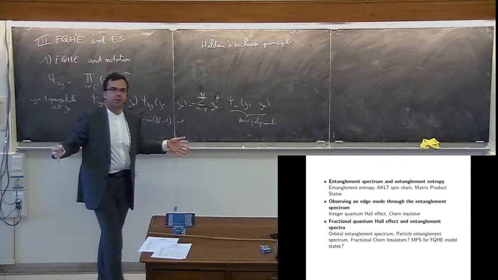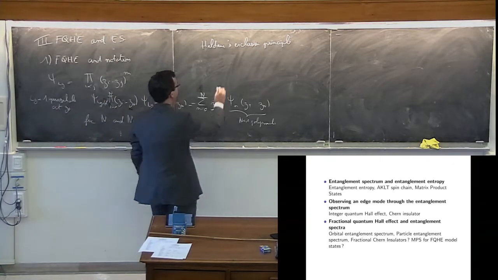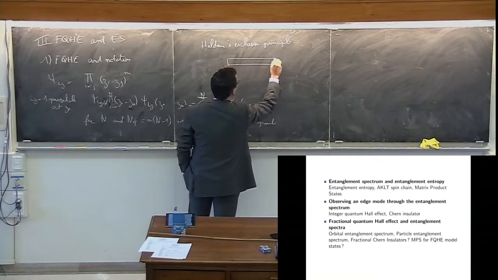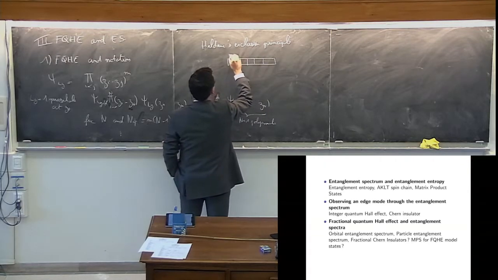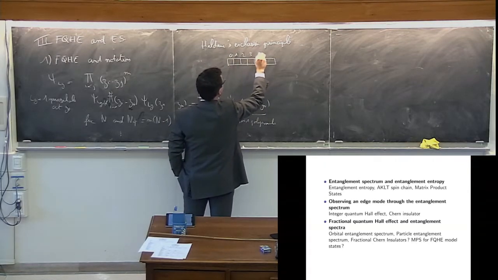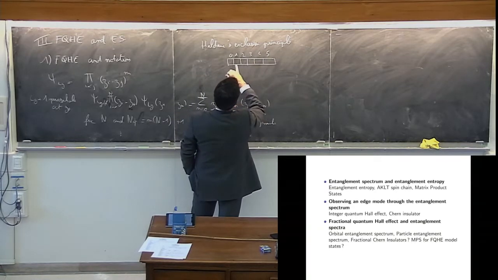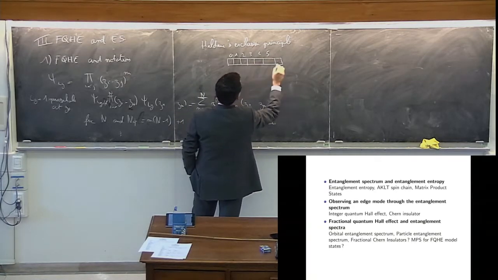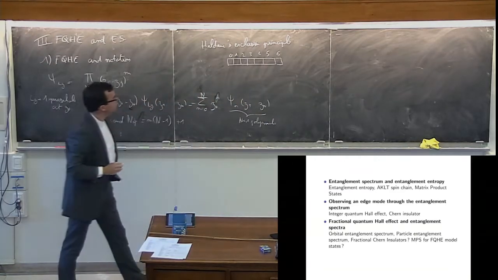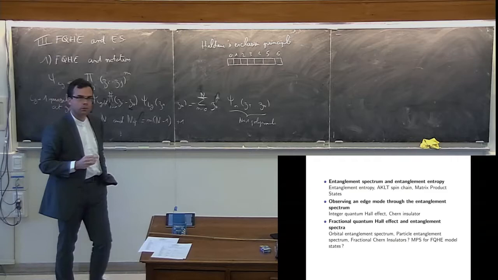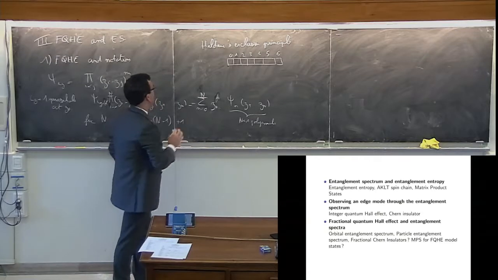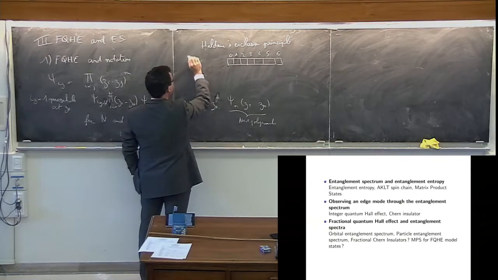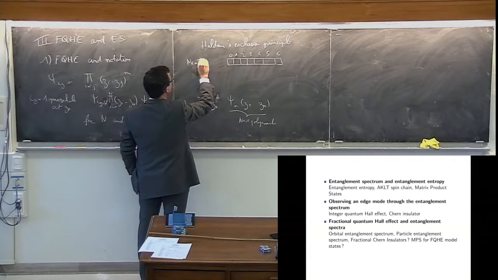You have N particles and N_phi flux quanta. One, two, three, 4, 5, and I need one more, 6. So there I have 6 flux quanta in my system, and let's say I have 3 particles. N_phi is 6 and N is equal to 3.